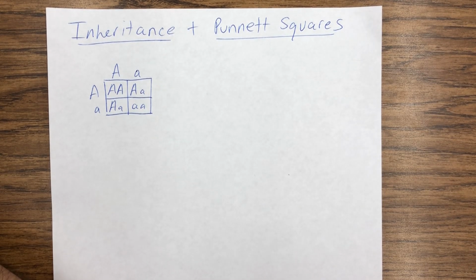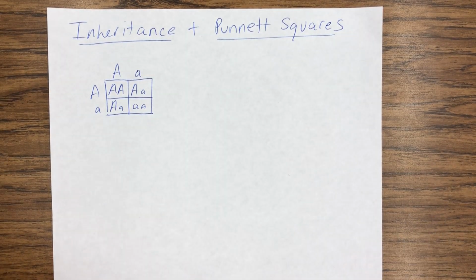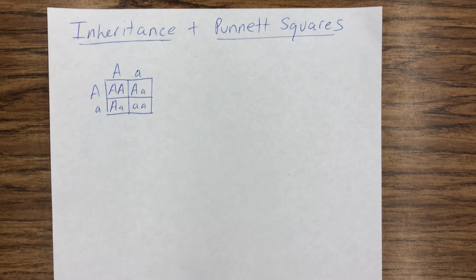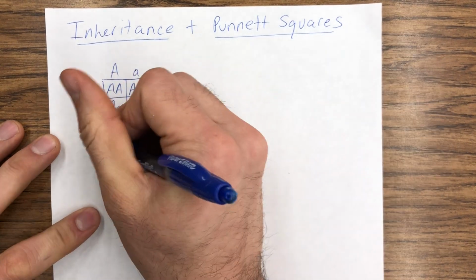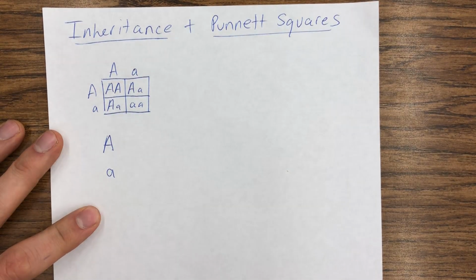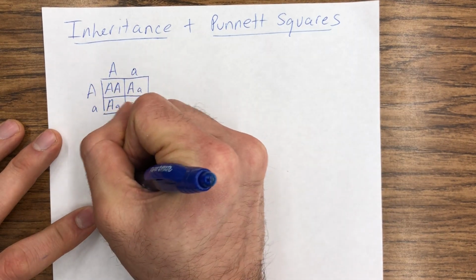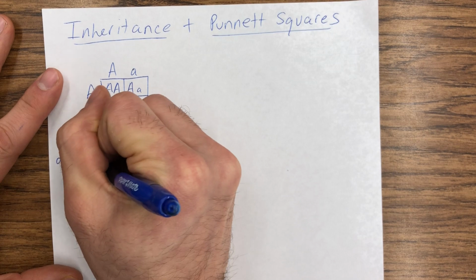Anyway, now we have to talk about what the letters actually mean. There are capital letters and lowercase letters, so we're going to start there. Our capital letters here and our lowercase letter here, what both of these things are together, they are known as alleles.